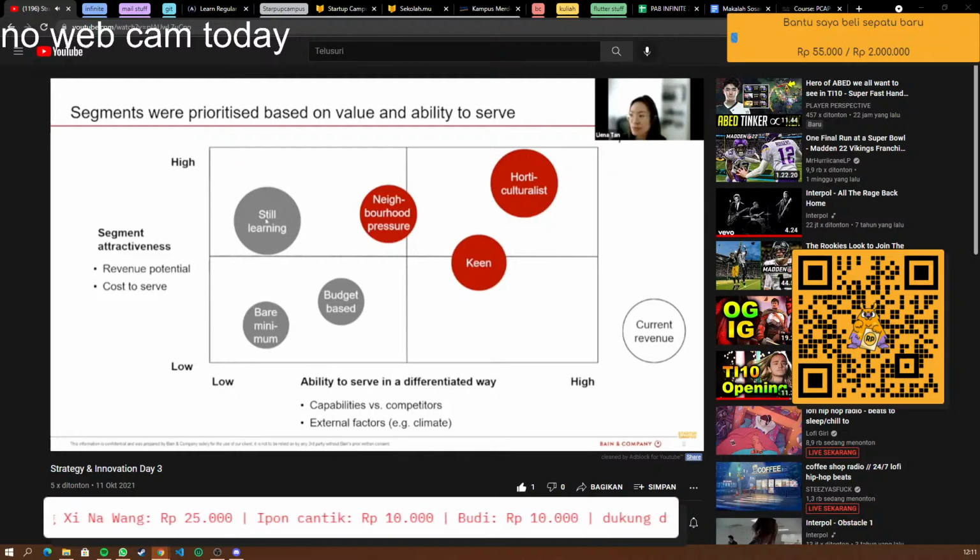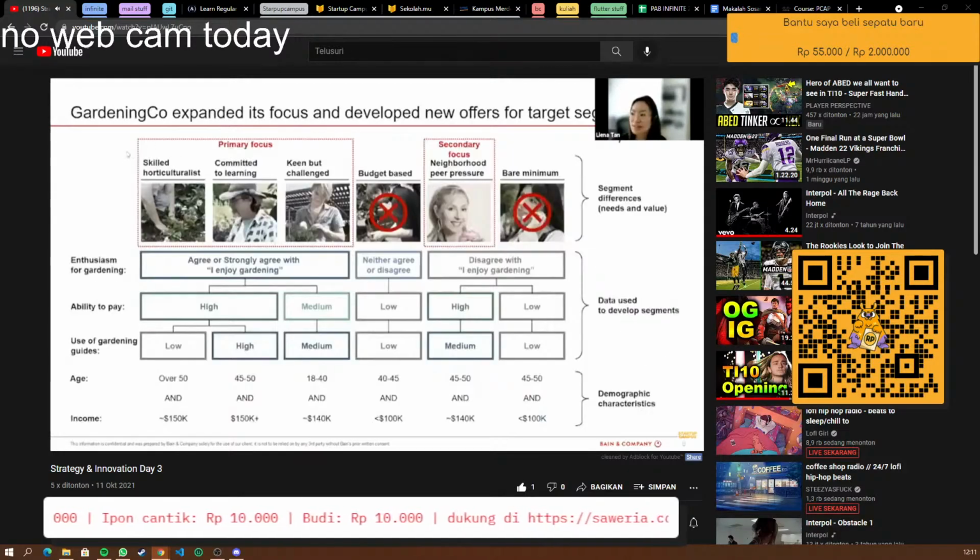And so if you plot the different segments, you can see that, okay, I need to focus on these three buckets, right? These are the ones that I can serve best, and also they are willing to pay. And, you know, the rest, maybe they are there, but their potential is not big.